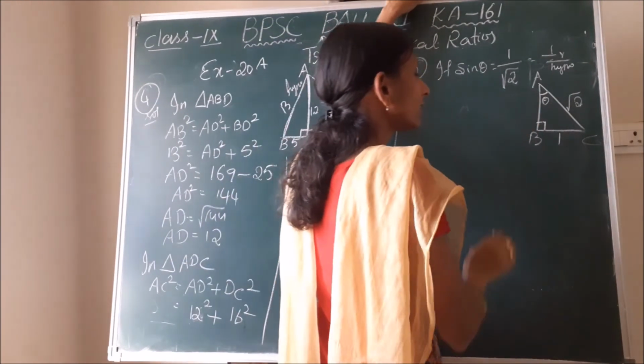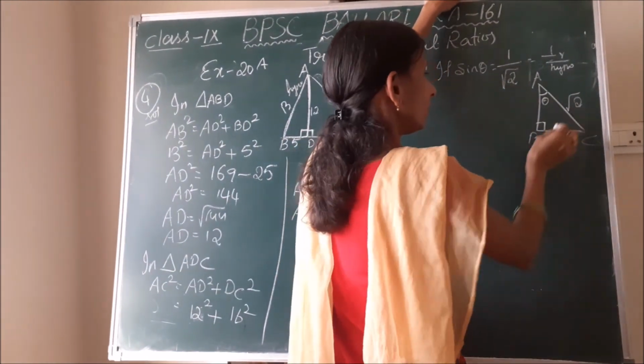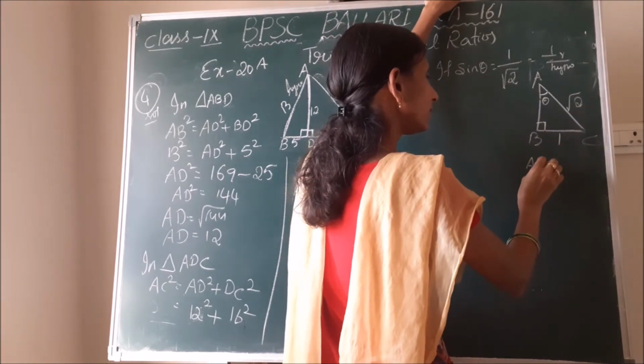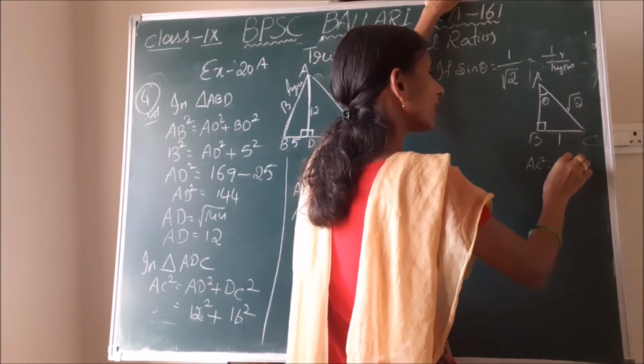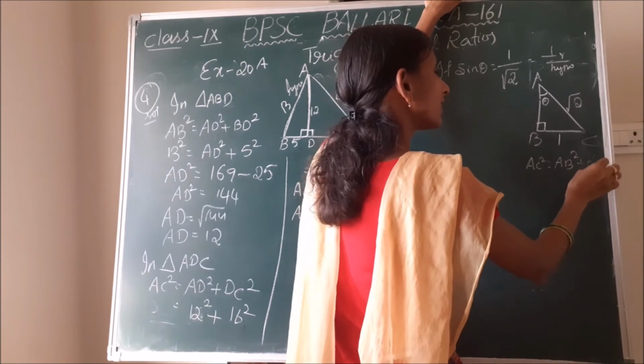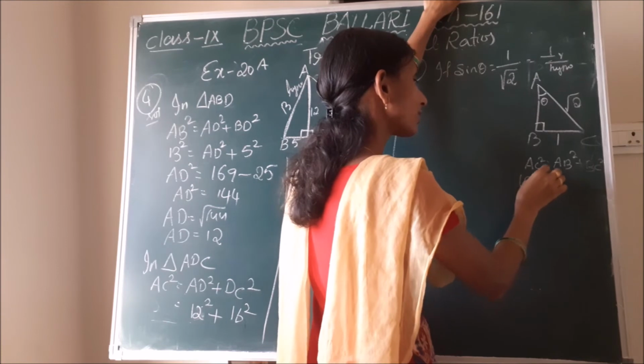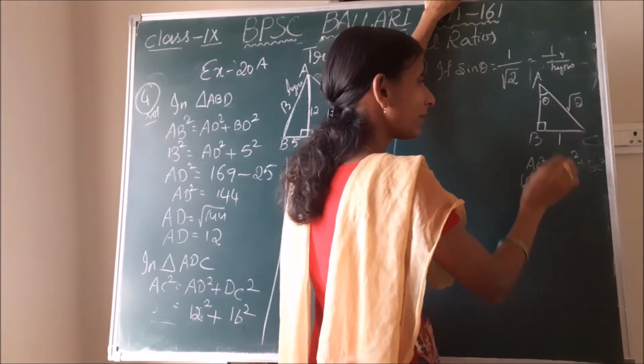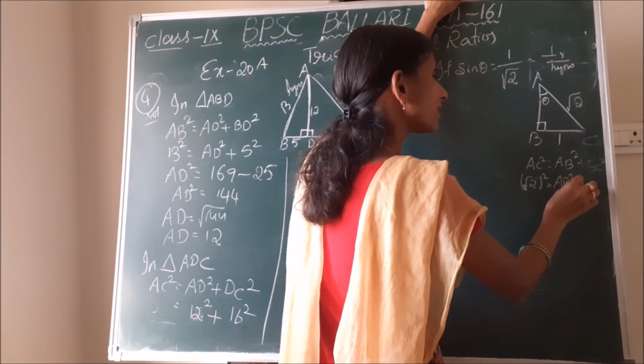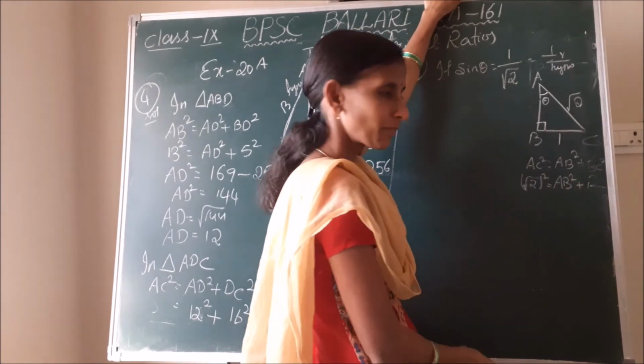We know AC square is equal to AB square plus BC square. AC means root 2 whole square is equal to AB, which we don't know, plus 1 square.